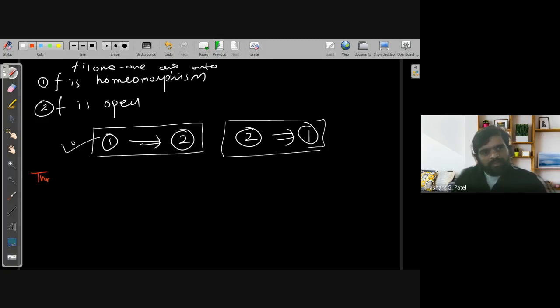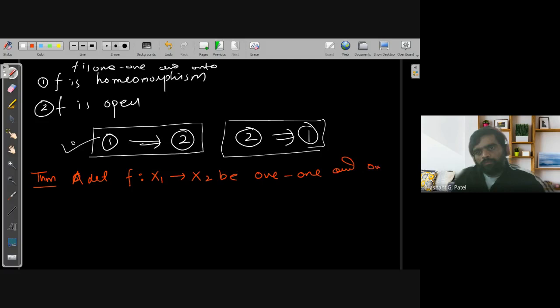It says that let us consider f, a function from x1 to x2, be one-one and onto map.